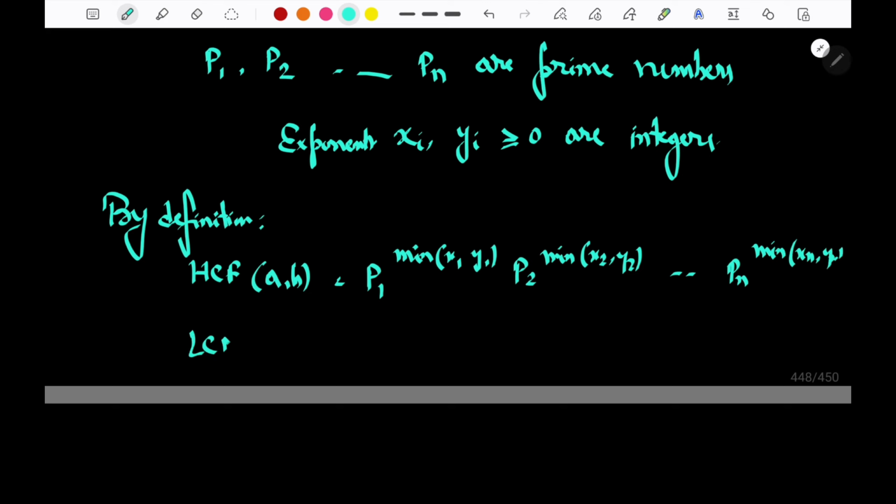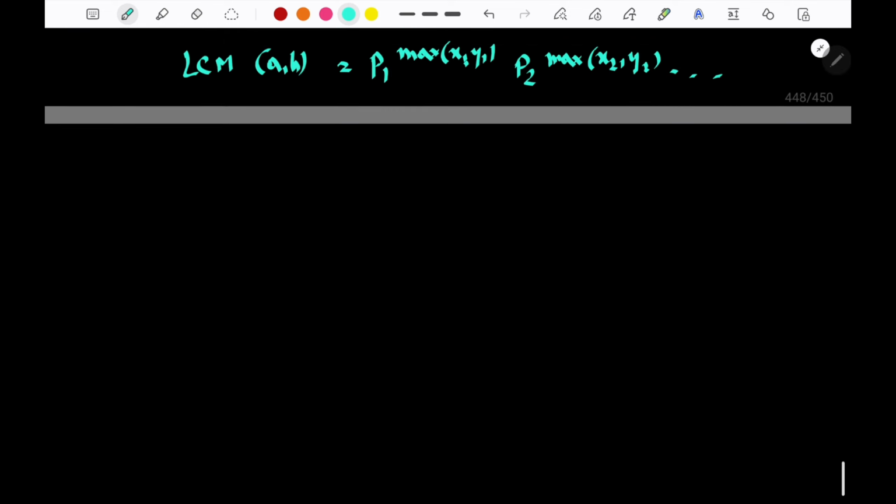And for LCM, what do we say? LCM of a, b can be written as p1 to the power max of x1, y1, p2 to the power max of x2, y2, and this goes on till the last.